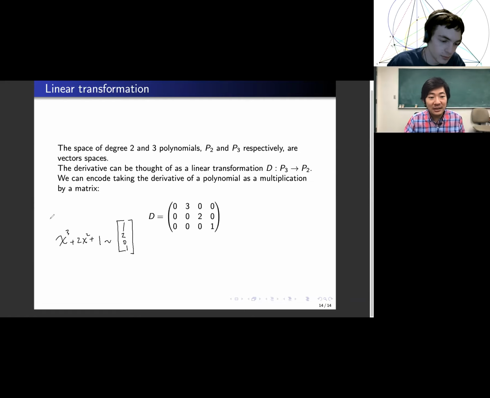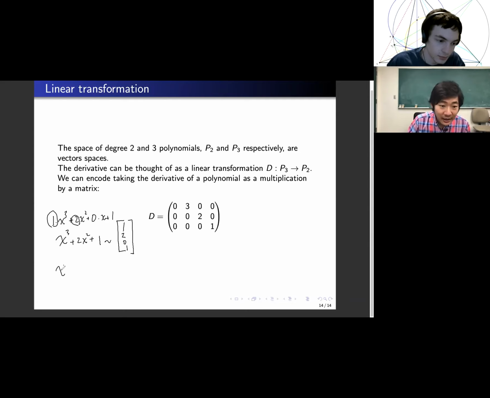It's this because the coefficient in front of x cubed is 1, plus 2x squared, plus 0x, plus 1 times the constant term. We just copied down the coefficients, 1, 2, 0, and 1, in this order.